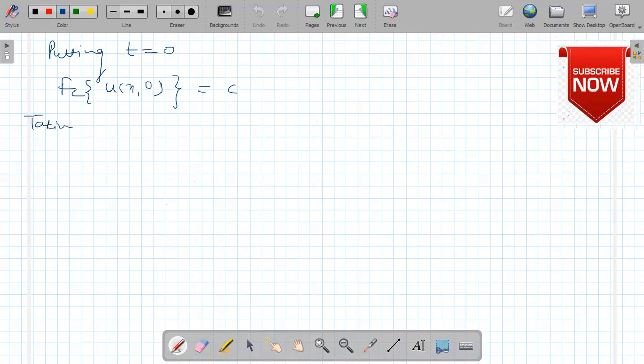Let me write the expression first. Since u(x, 0) is x for x lying between 0 to L, for simplification, let's replace L by 1.